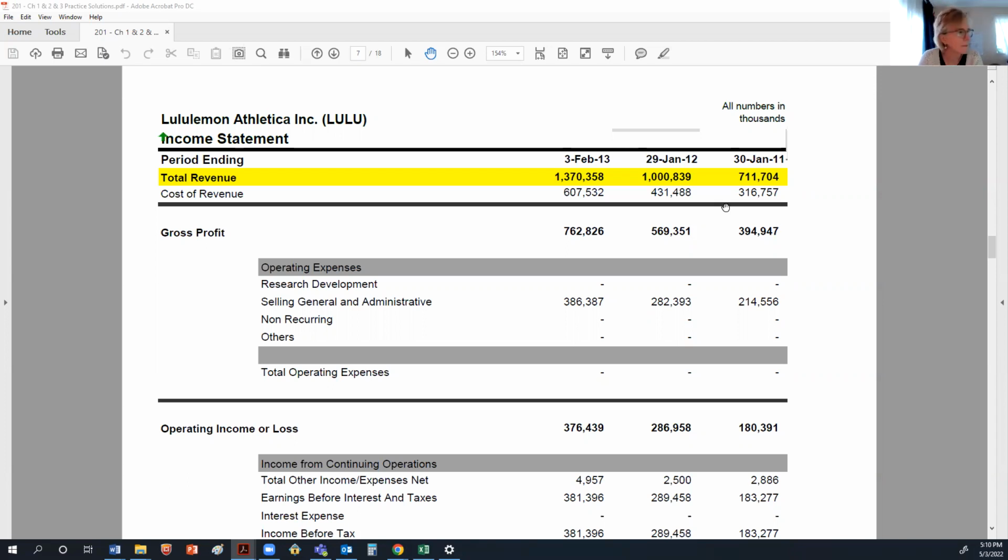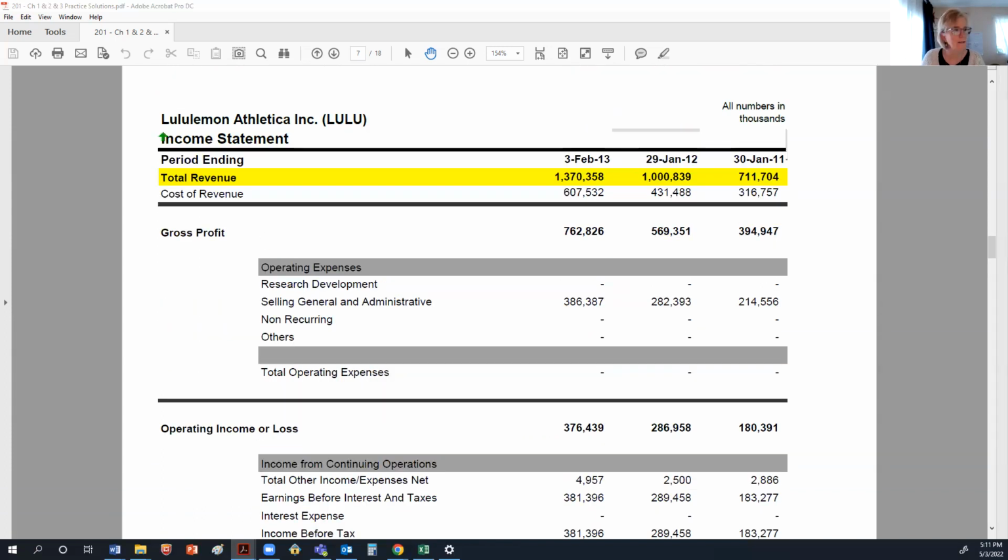In this question, I've highlighted revenue, and that's the same as sales, right? So Lululemon, we know is a very successful company. Around this time, they were growing really fast. You can see their sales here were 711 million and 1,370,000. So really fast growth, okay?